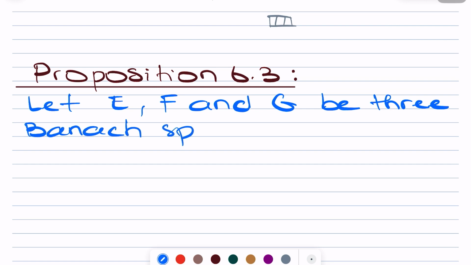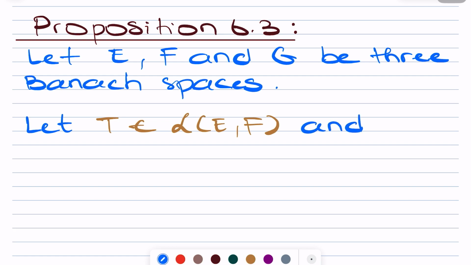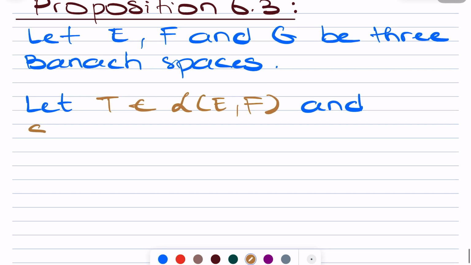Let's start probably with T a linear bounded operator from E to F, and say you also have S, which is now a compact operator from F to G.